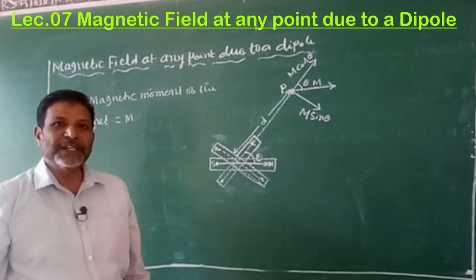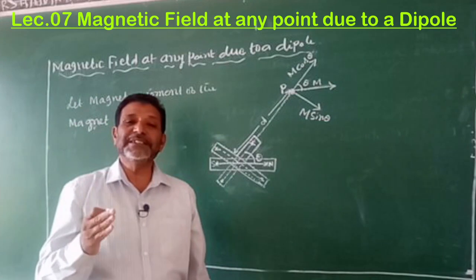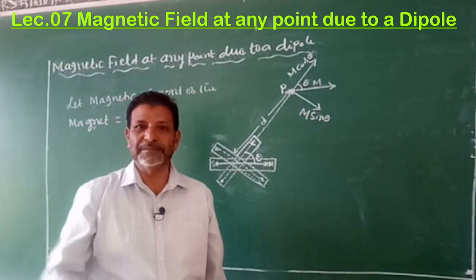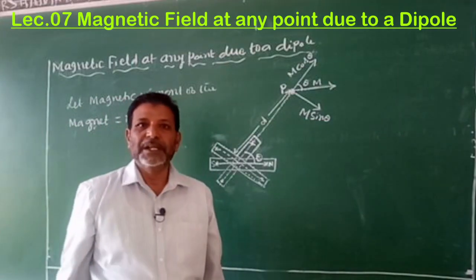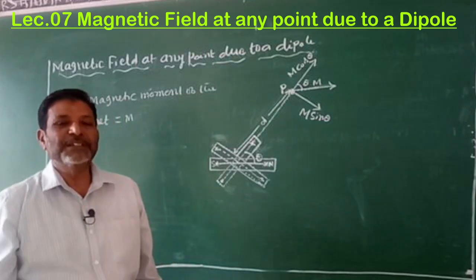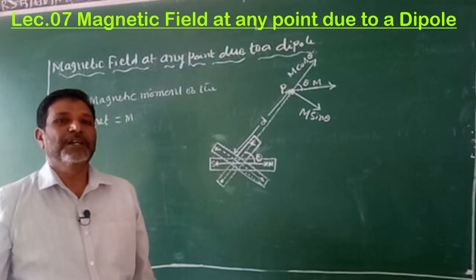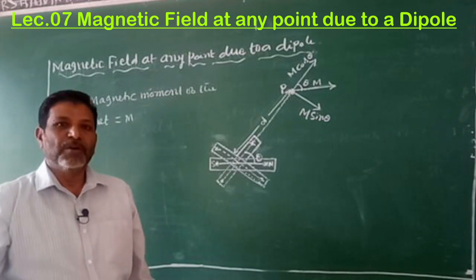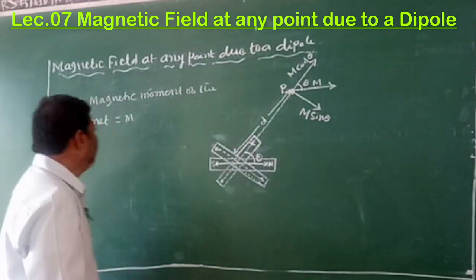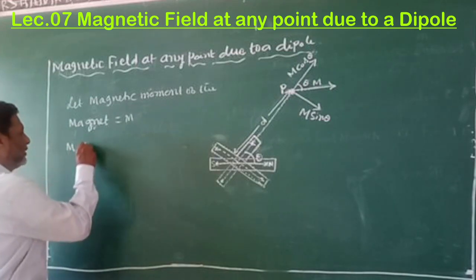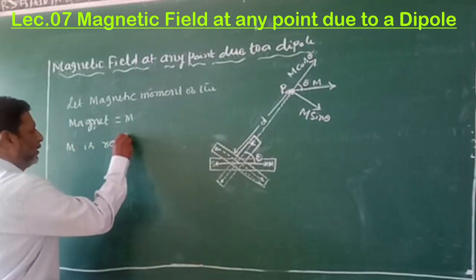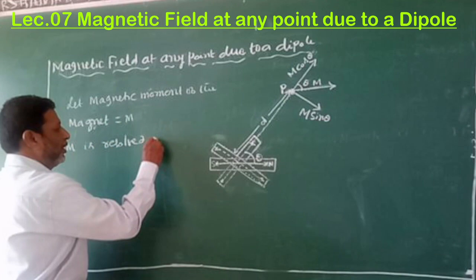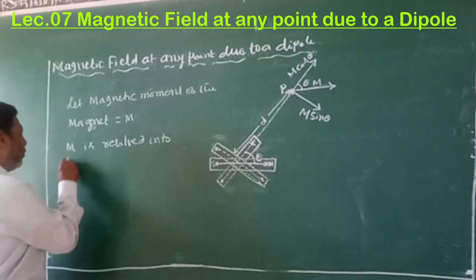You are well familiar that magnetic moment is a vector. If it is a vector, then that vector is resolved into two components. What are those two components? This m is resolved into two components.